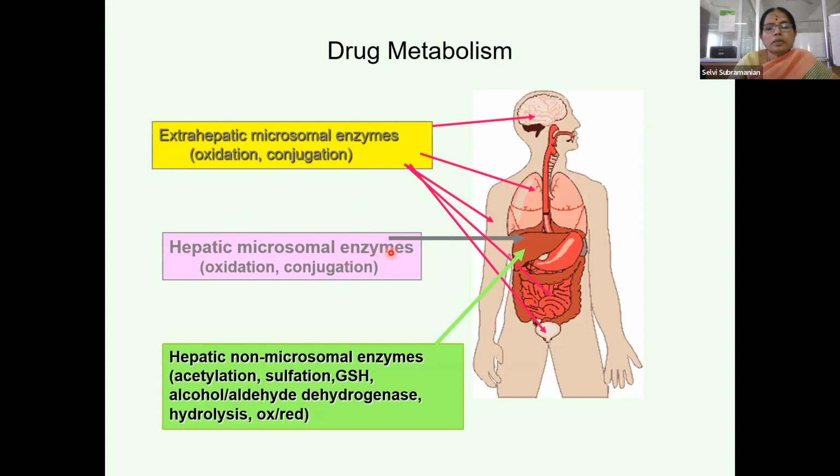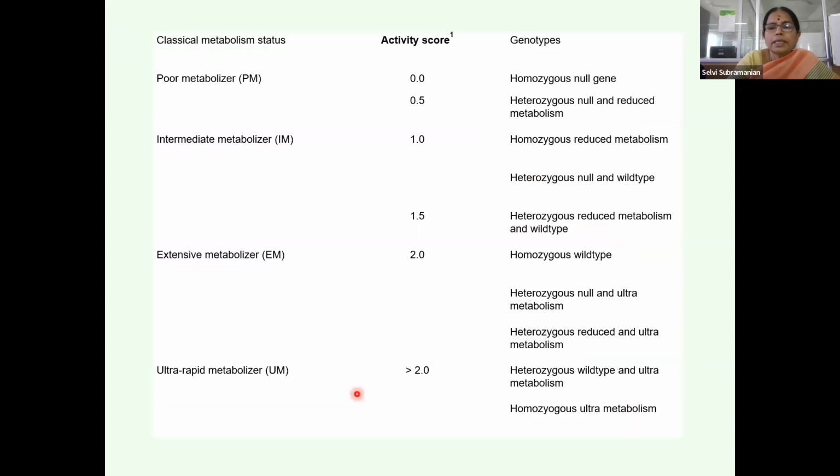So there are hepatic microsomal enzymes, which are present in the liver, and extra-hepatic microsomal enzymes, present in the brain, the heart and other parts of the body, and hepatic non-microsomal enzymes. All these metabolizers will do these functions: acetylation, sulfation, oxidation, reduction. They convert the drug into different forms so that it is either active or inactive in the system.